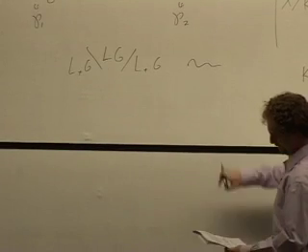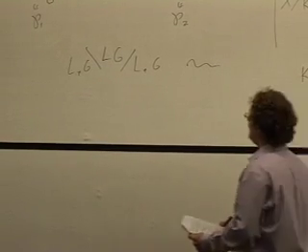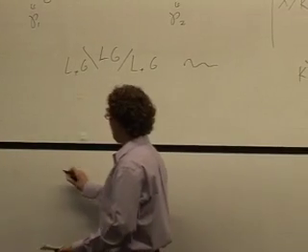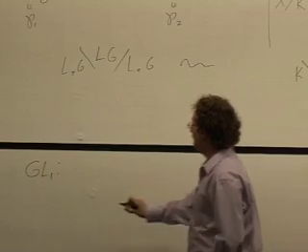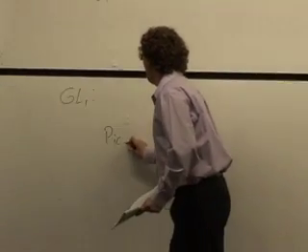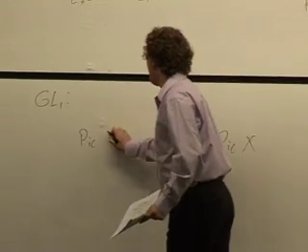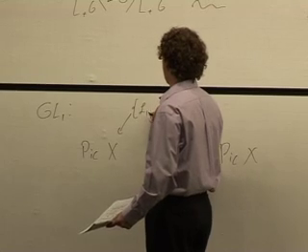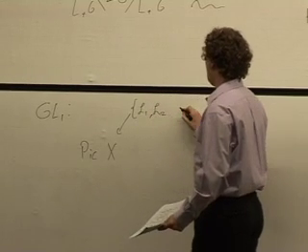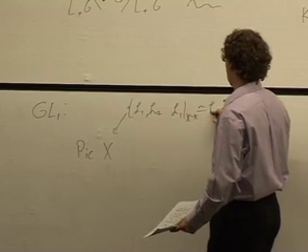So let's see what this does. First of all, let's just point out, in the case of GL1, what does this thing do? Well, we pick x, and we're looking at pairs of line bundles, L1 and L2, and they're identified away from a single point.